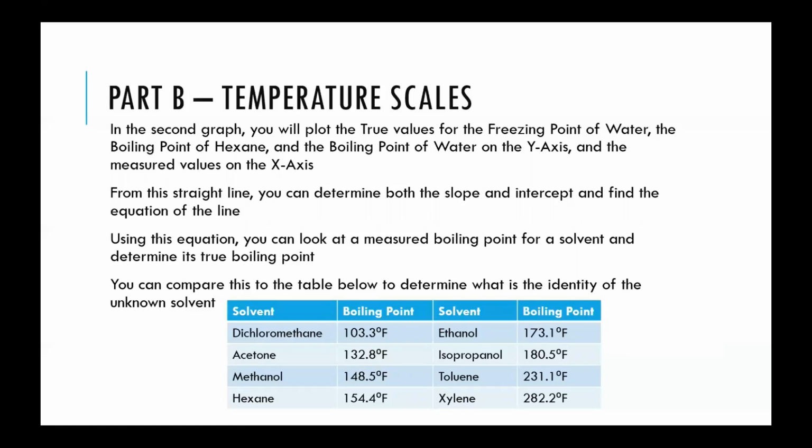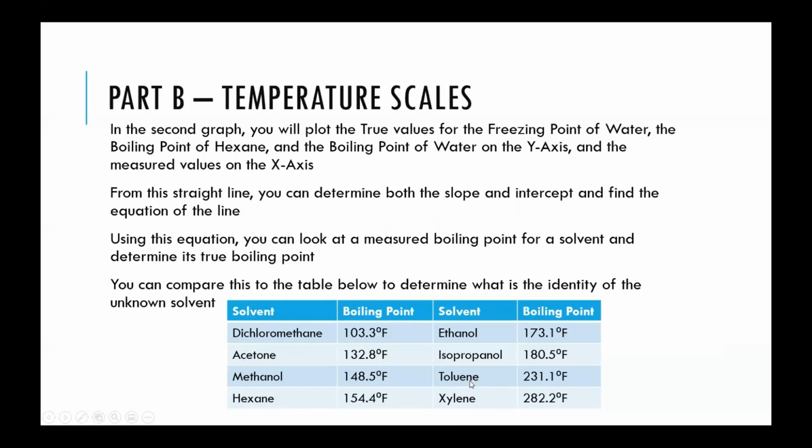Once you have that equation, you have a measured value for a boiling solvent. You're going to use the equation to determine the correct value of the boiling solvent, and then compare that value to this list. The identity, the name of the solvent, is one of these.